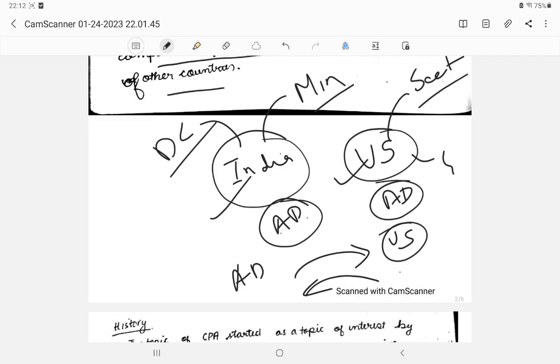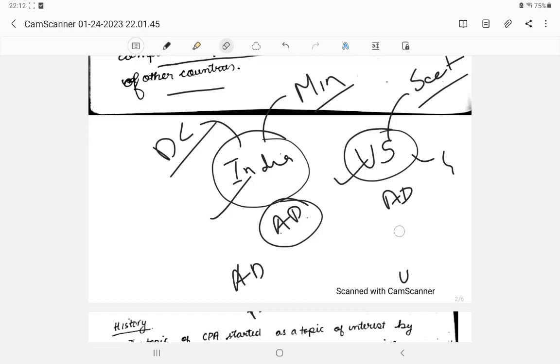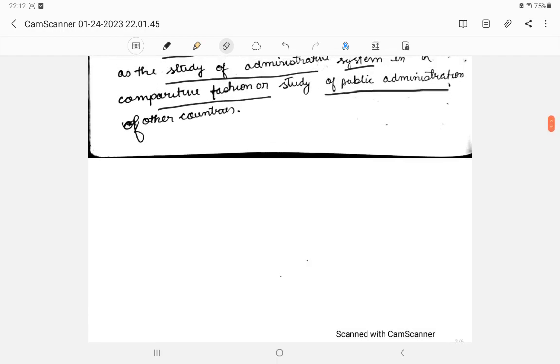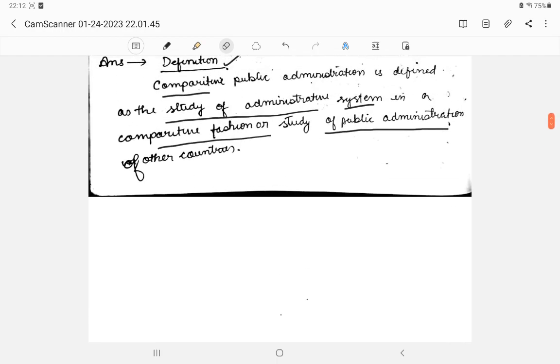Similarly, the US administrative system may look better than India's in another way. So we are comparing the administrative systems of two countries so as to understand the administration of our country as well as other countries, in order to improve ourselves.